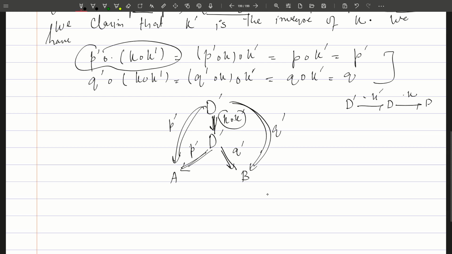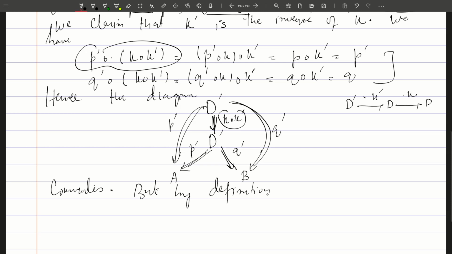So one can write here, hence the diagram commutes. Now, if this diagram commutes, then by definition of the product, between D prime and D prime there is a unique morphism that makes this diagram commutative.